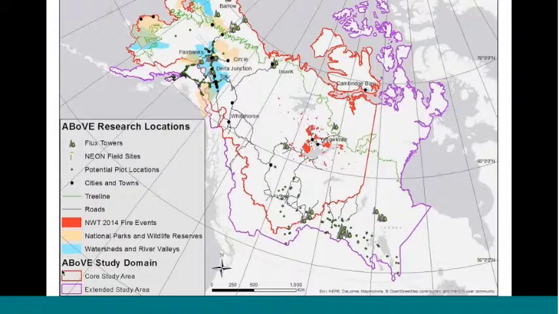I can tell you, though, that Above is stretched really thin in terms of trying to find the money to support infrastructure for things like flux towers and aircraft and airborne science and so on. So there's a tremendous demand on what's not nearly enough support. But certainly one of the ways to be involved and get resources is through being co-investigators on projects. And there is some of that already. Yep, I've noticed that. Thanks.